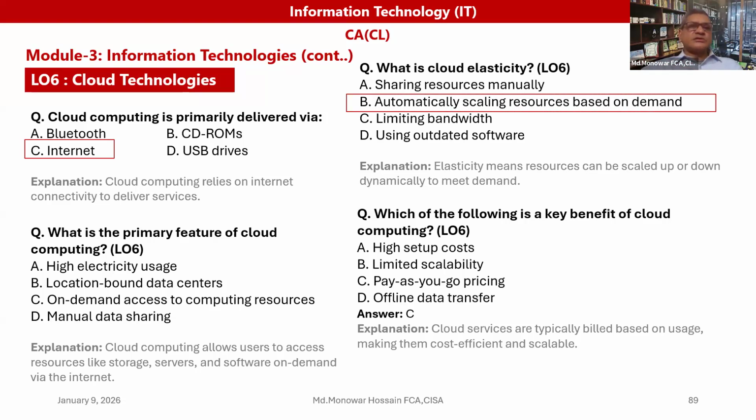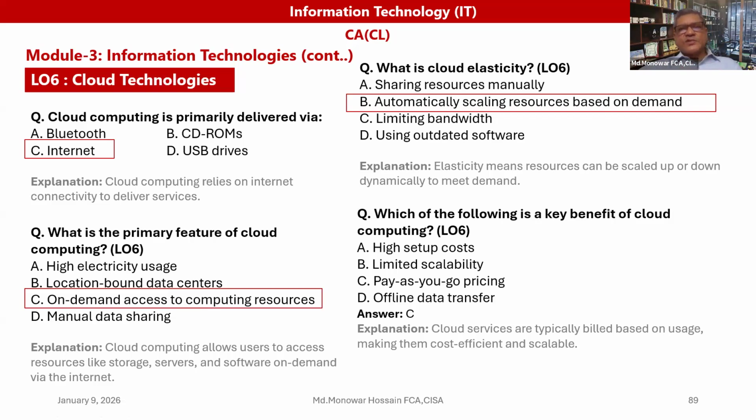Answer B. What is the primary feature of cloud computing? The primary feature is on-demand access to computing resources, because cloud computing allows users to access resources like storage, services, software, infrastructure, all on demand via internet.